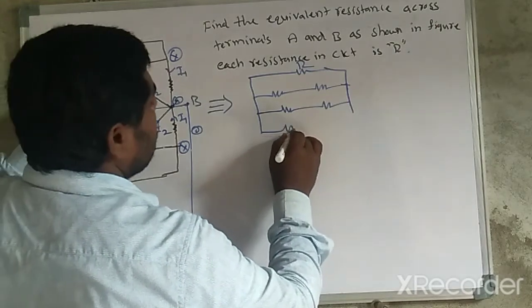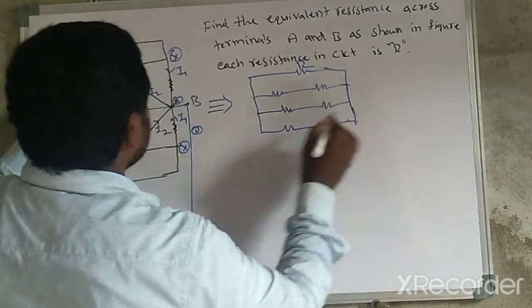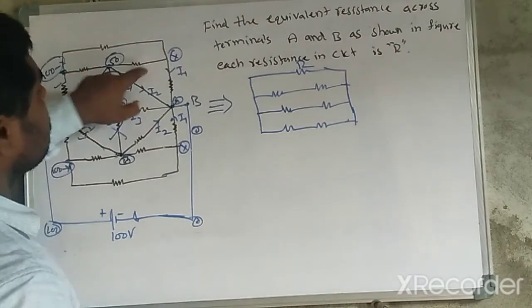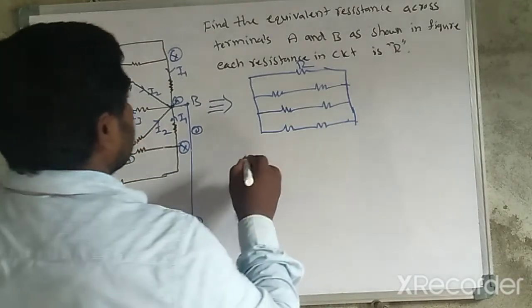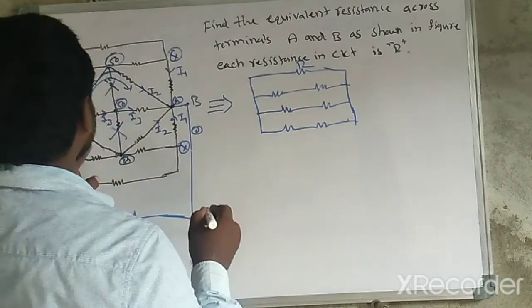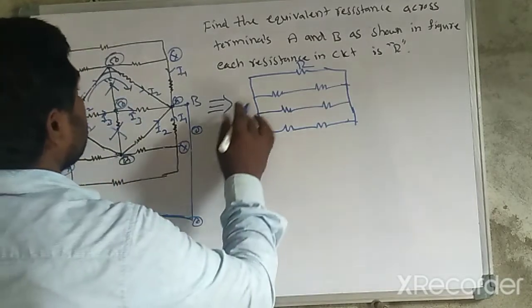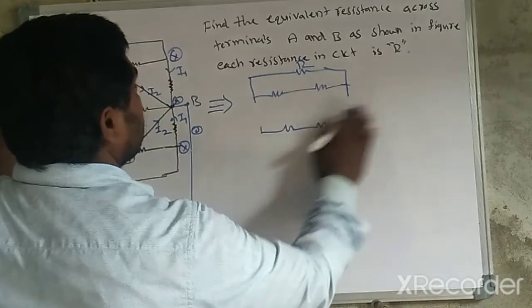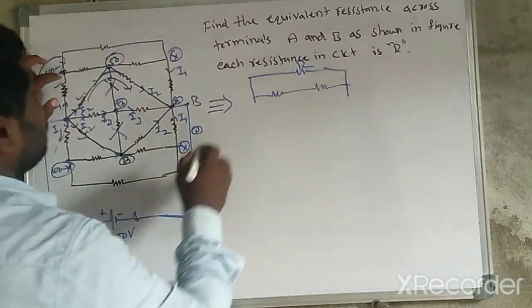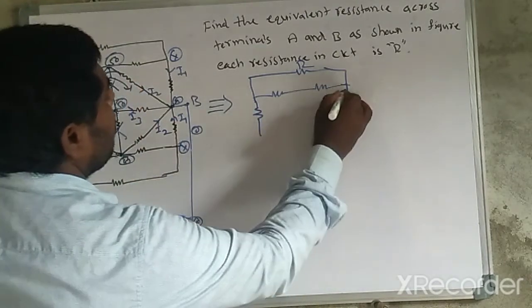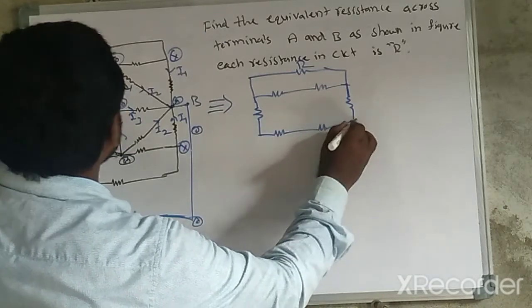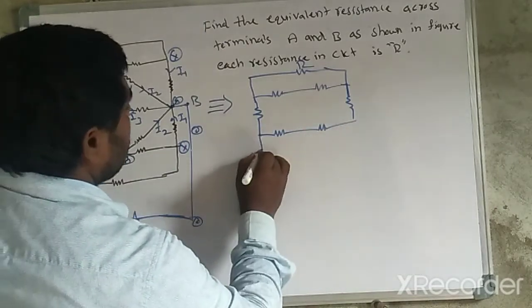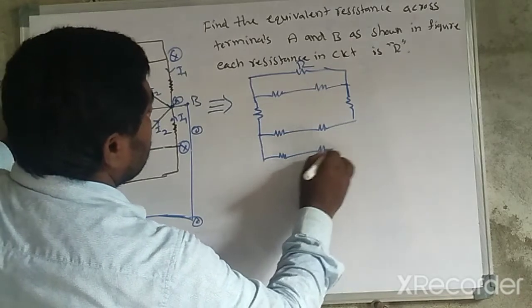Now this one resistor is completed, these two completed, these two completed, now these two. In between this, there is one more resistor like this. Here you may apply one more resistor like this, and this is another resistor.